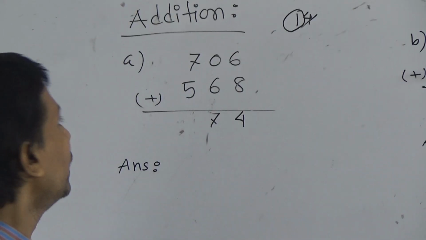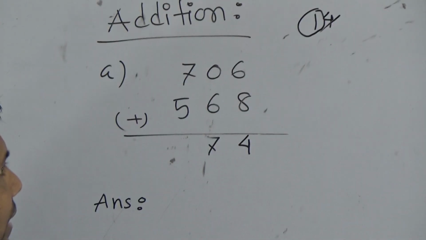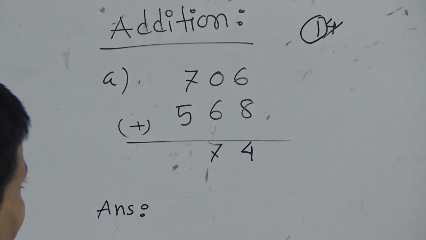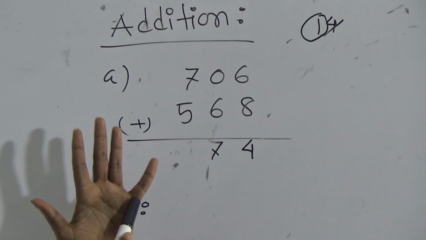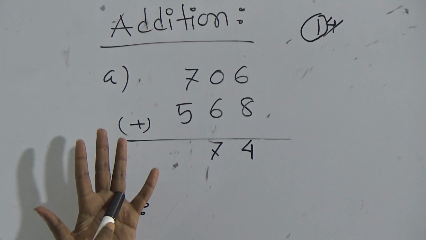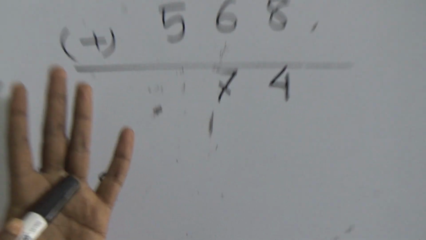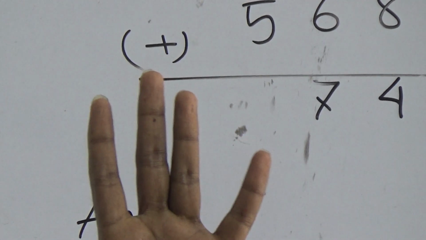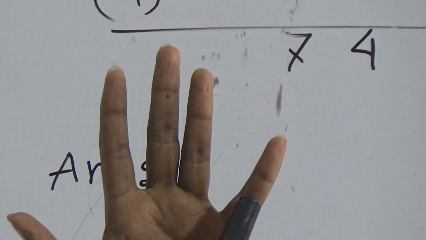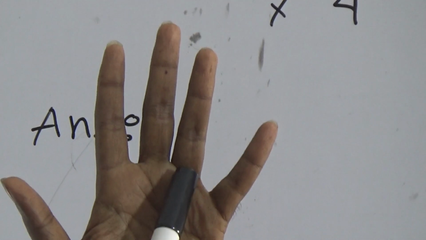Now you count 7 plus 5. Starting from here to here, this is 5. Now starting count 7, 8, 9, 10, 11, 12.